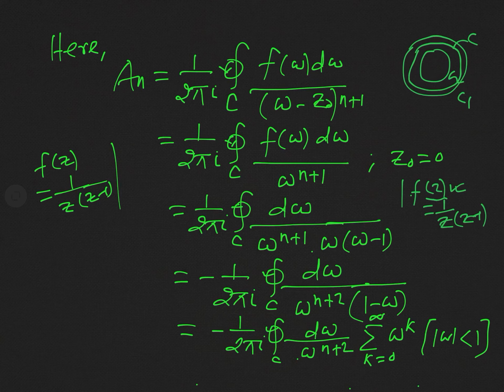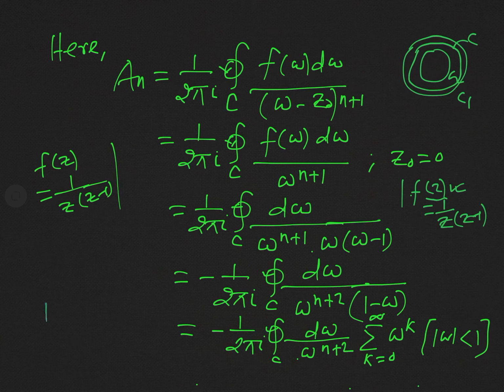If we take the minus sign common, then that will be minus 1 over 2 pi i integral along C dw by w to the power n plus 2. Here w to the power n plus 1 into w gives w to the power n plus 2, and as I have taken the minus sign common, the second factor will be 1 minus w.